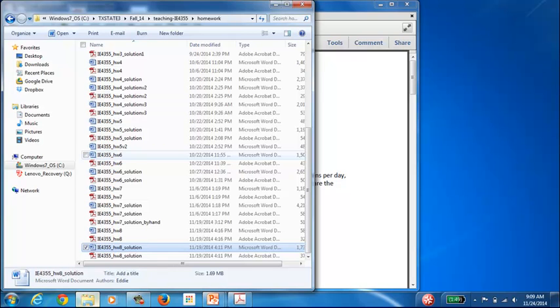Then you go for H1. This is 0 minus 5, which is 5. This is 0, 0 minus f, which is 0.